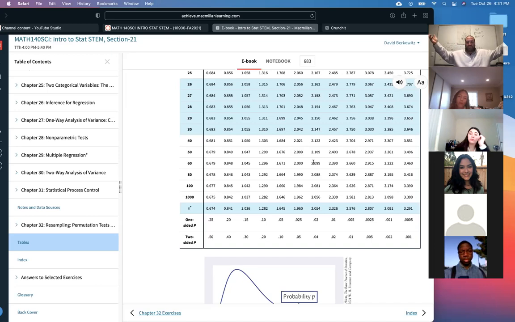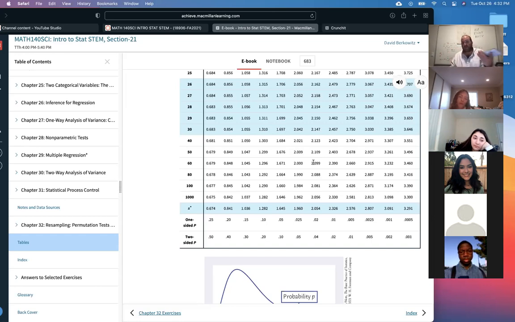So to claim I'm 95% confident that I caught it, if it's wider than it has to be, I'm even more confident. So I'm certainly within my rights to claim 95% confidence. If I went down and it got smaller, now I'd be lying. So when push comes to shove, when it comes to picking degrees of freedom, use your calculator.